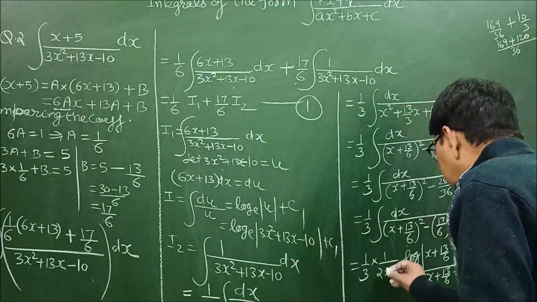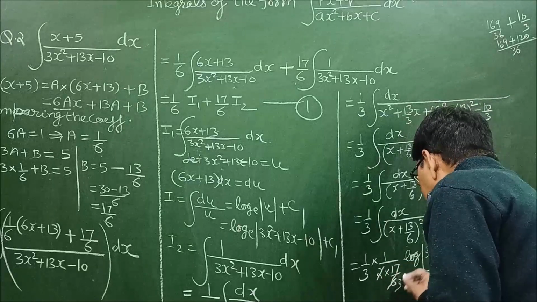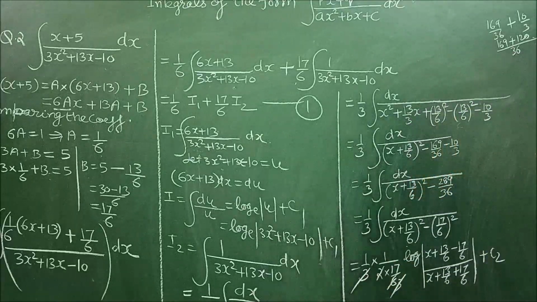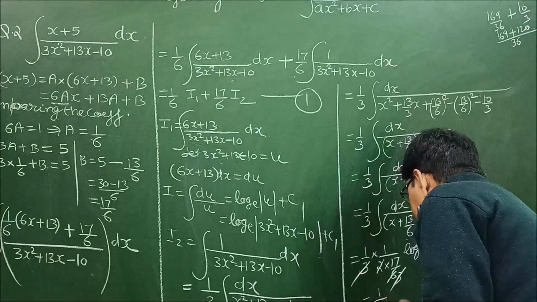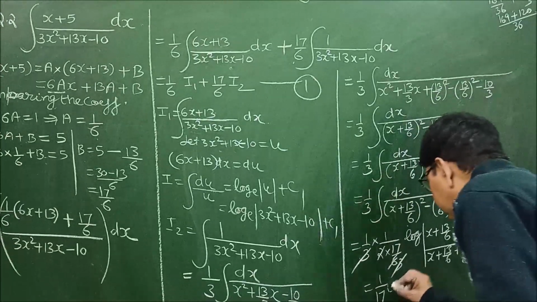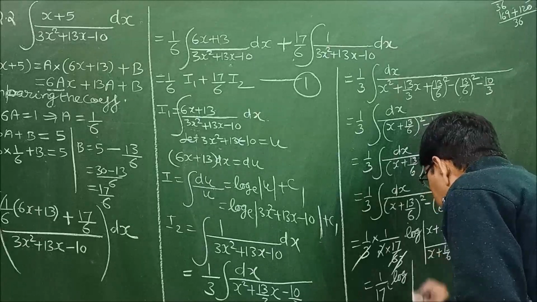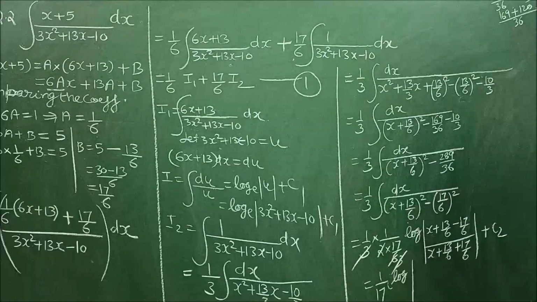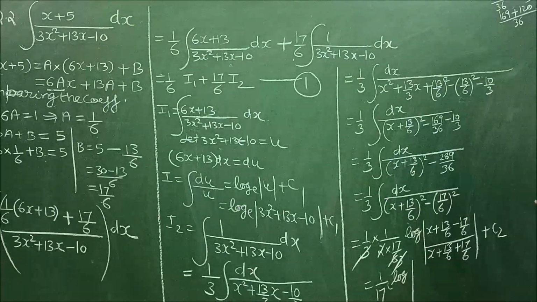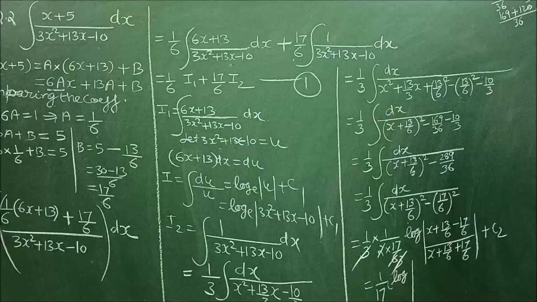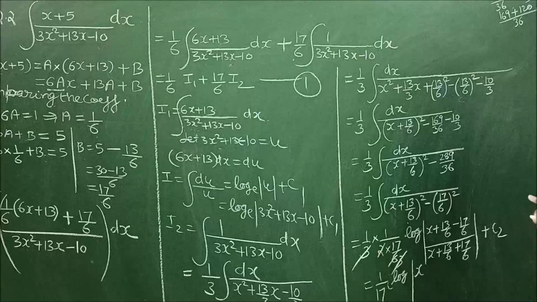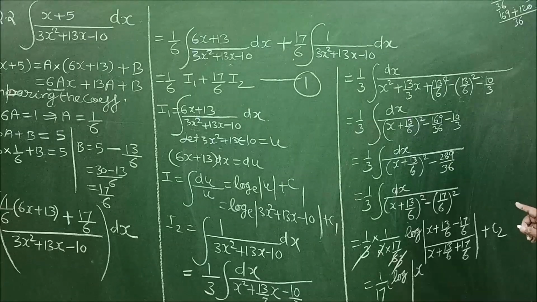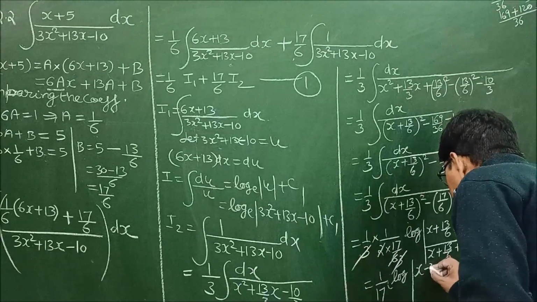Here the 3 times cancelled, and this 3 and 3 is also cancelled. So we get 1 upon 17 log, and in the numerator 13/6 minus 17/6 gives minus 4 upon 6, so x minus 4 upon 6, which is x minus 2 upon 3.